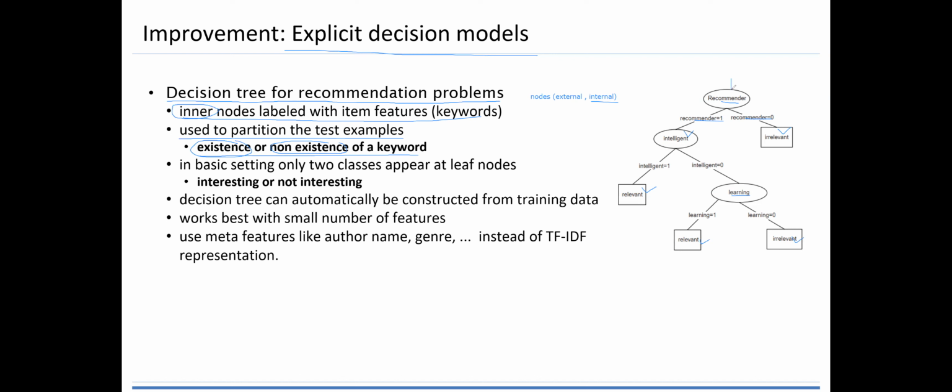For example, in the first part, I would like to check the word recommender. If the word recommender exists, then we go on to decide. If it does not exist, the document is irrelevant.